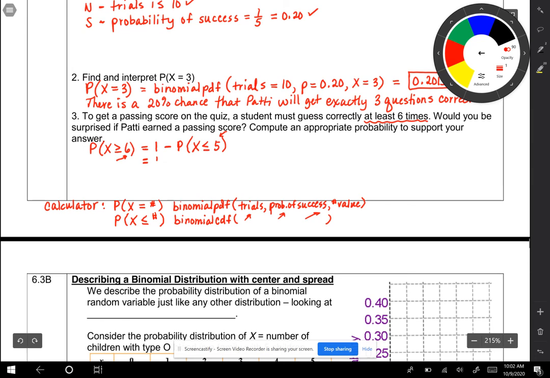So that's 1 minus the binomial. And that makes sense too. If you get 6 questions right, that's going to be passing at least, because that's the 60%. So you can have 6, 7, 8, 9, 10.